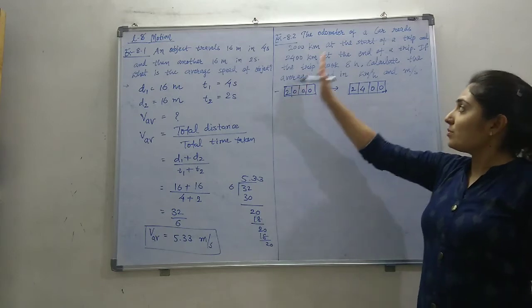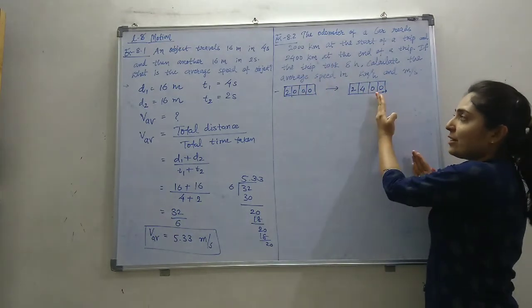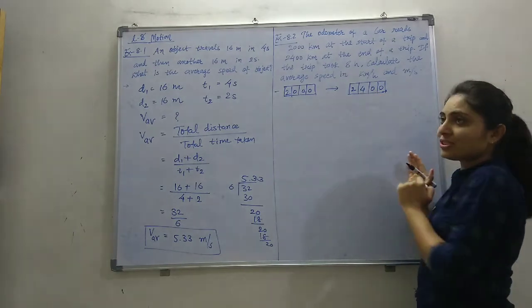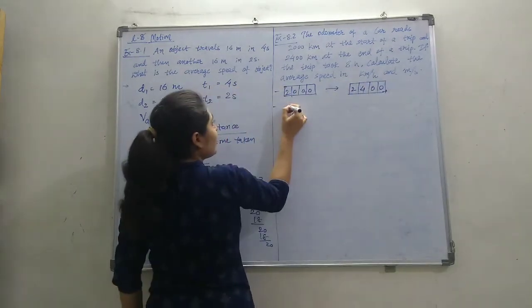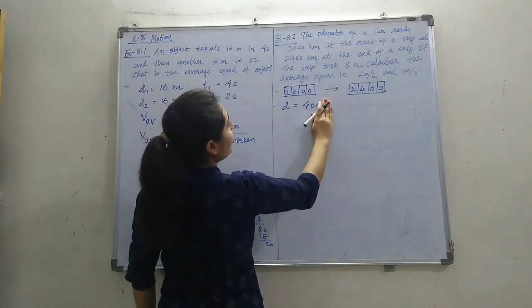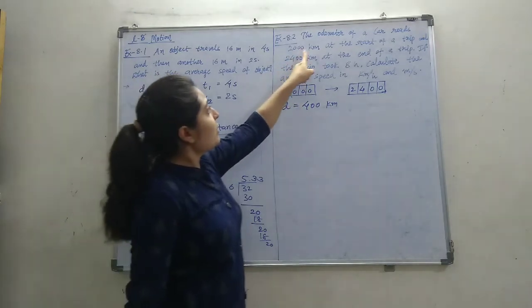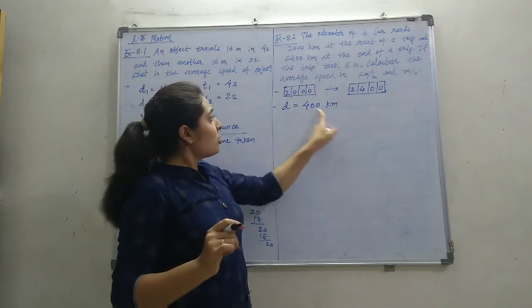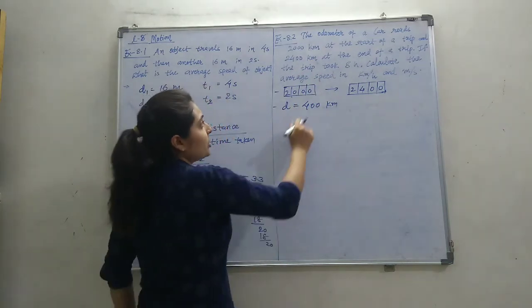From the starting of the trip to the end of the trip, it has traveled another 400 kilometer. So the distance traveled is 400 kilometer, since the odometer reads in kilometer units.